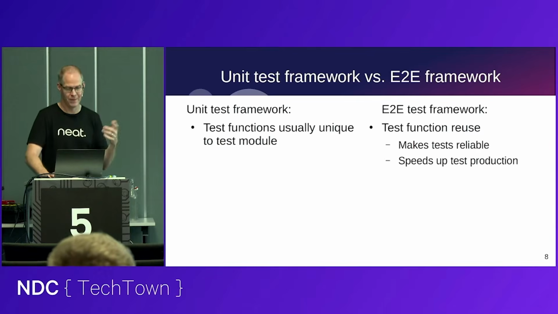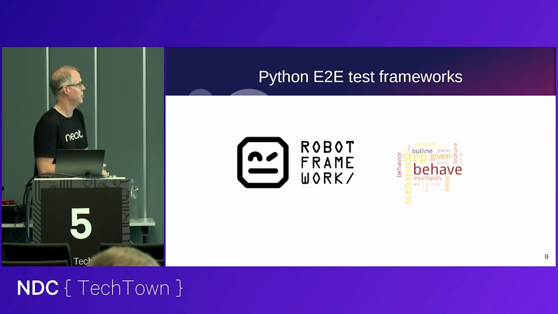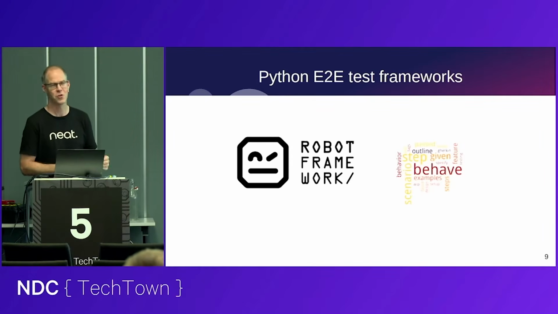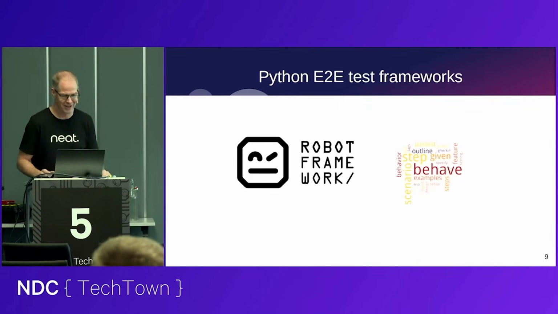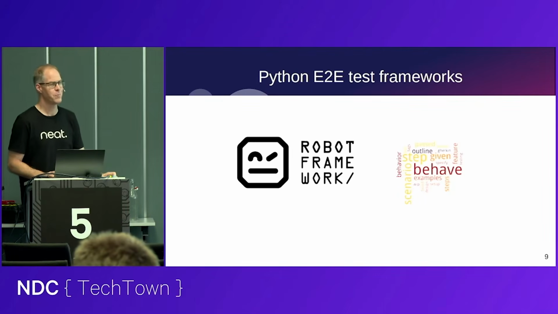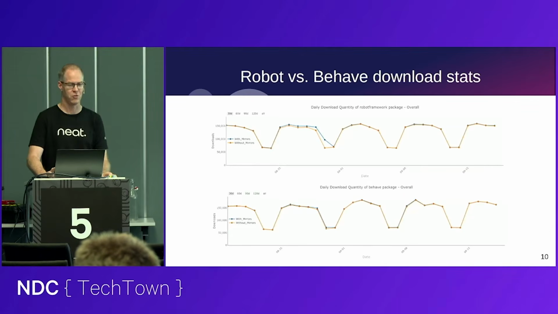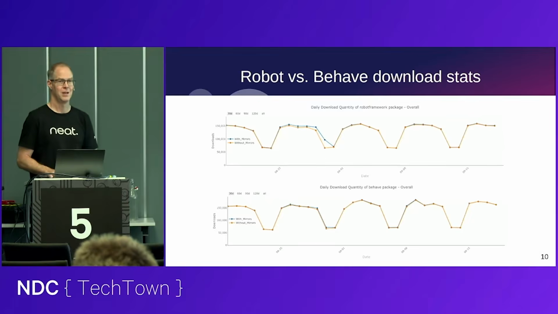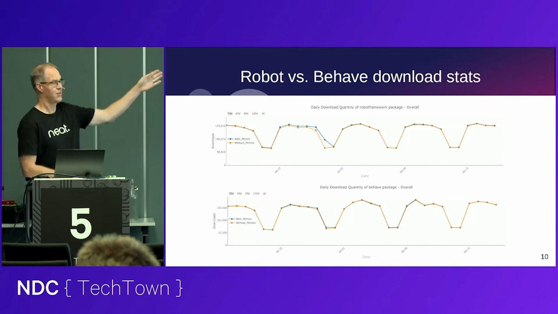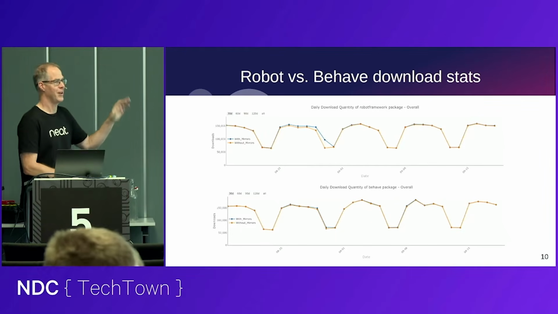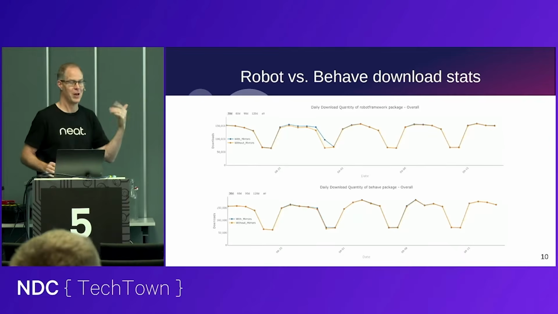Don't roll your own. So these are the 2 I'm going to compare. Robot Framework, it is the original gangster in the space, and Python Behave. If you're going to make a choice between these 2, one of the things you can look at is how much is it used. These are stats from the Python package index, PyPI. This shows basically people's CI runs downloading the 2 different Python packages.